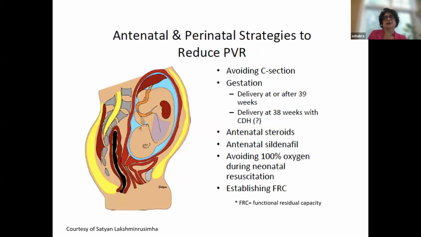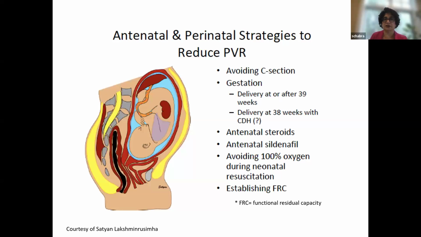So what are the antenatal strategies that we can use to reduce pulmonary vascular resistance? Avoid C-section. Avoid inductions prior to 39 weeks, unless it is, of course, obstetrically indicated. I'm not a maternal fetal medicine person, but we work so closely with the maternal fetal medicine doctors and perinatologists.